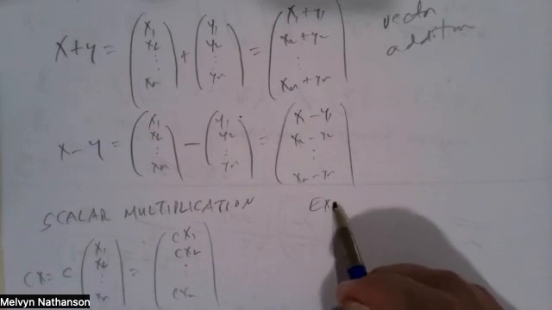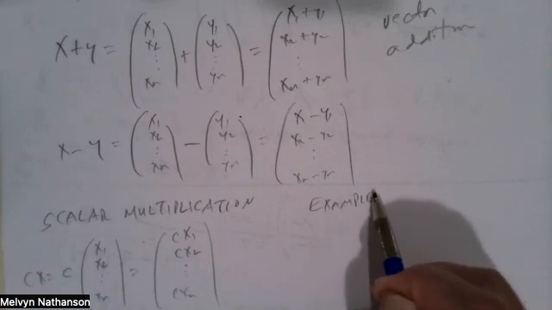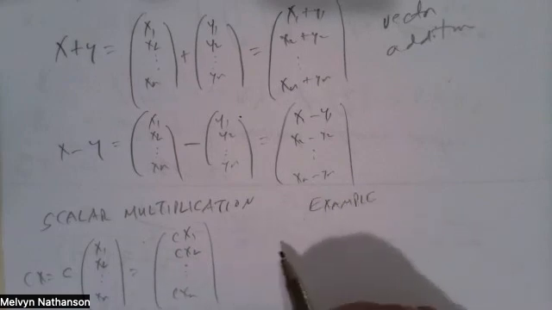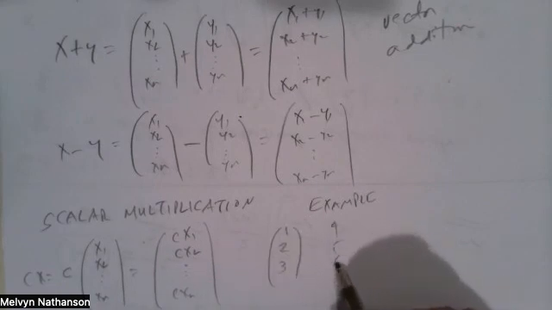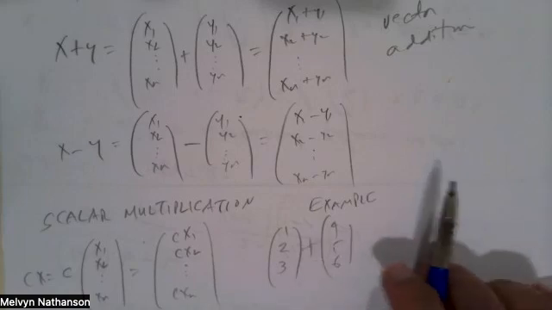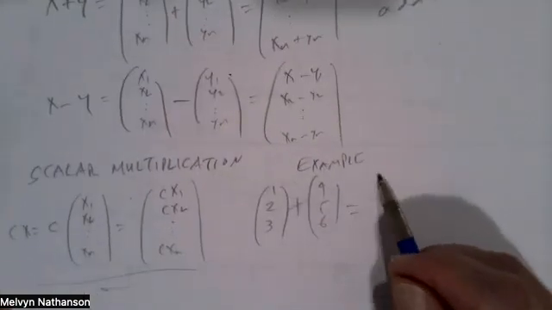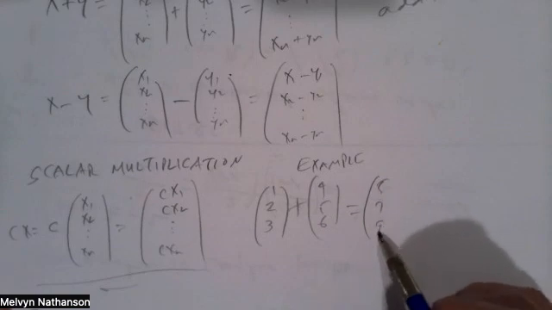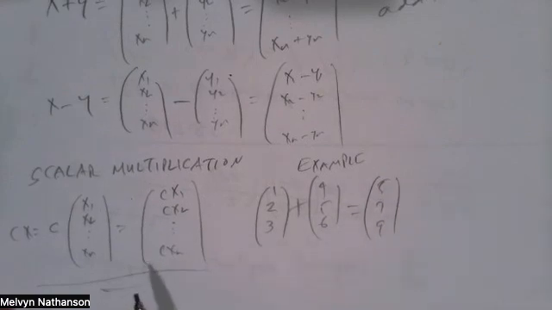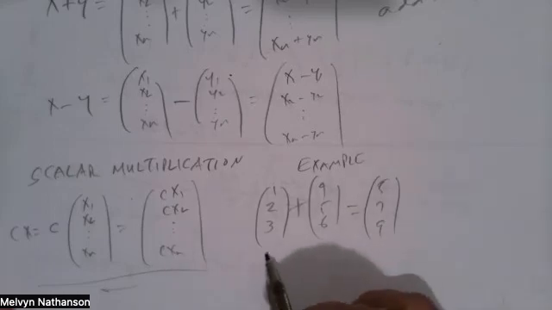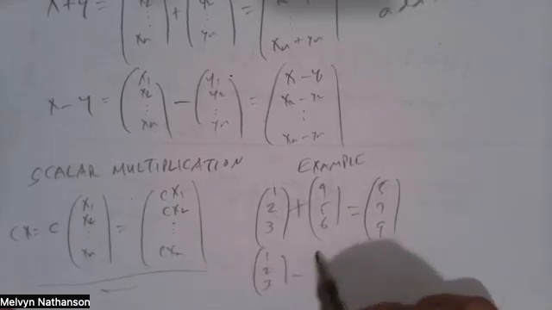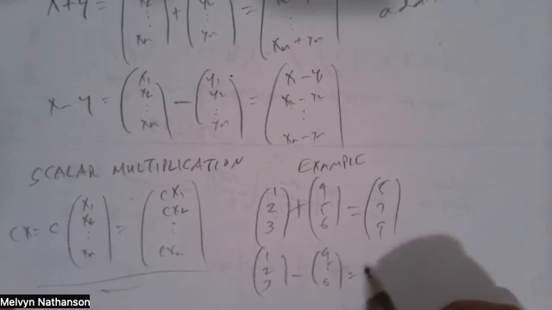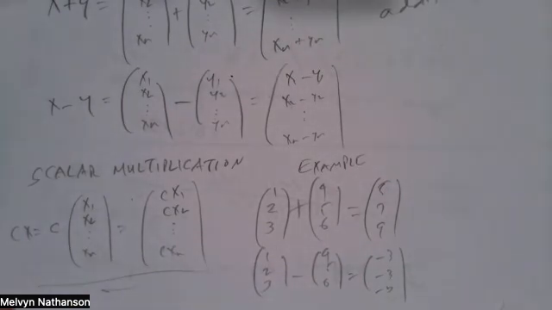So just to make a very concrete example, if I have the vector (1, 2, 3) and the vector (4, 5, 6), I add them by adding coordinates: (5, 7, 9). And I subtract them, I get (-3, -3, -3).